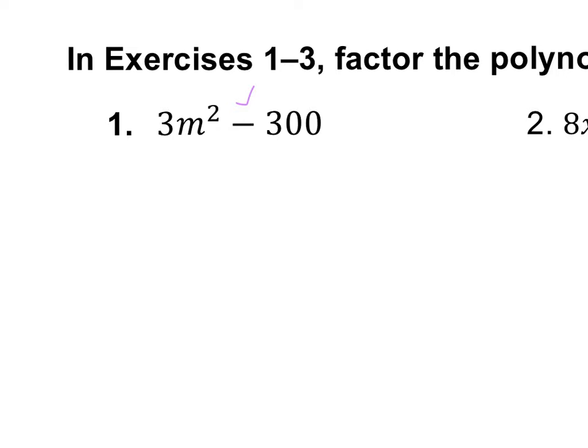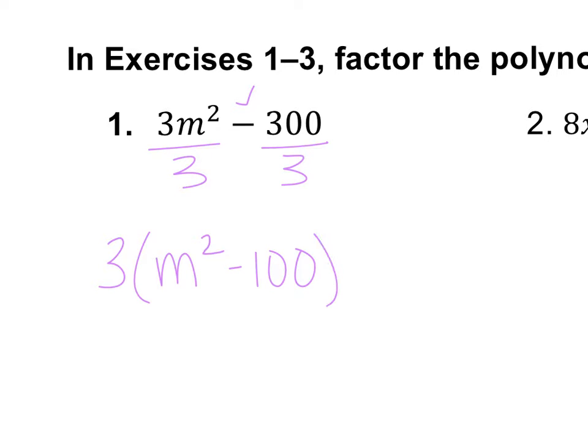So greatest common factor can still apply to these, okay? So if I take a 3 out, divide both terms by 3, take my 3 out. If I divide my first term by 3, what would I get? Good, m squared. And negative 300 divided by 3? Good, 100. All right.